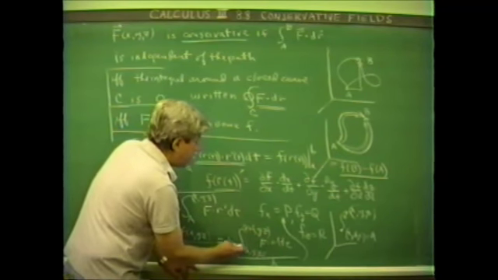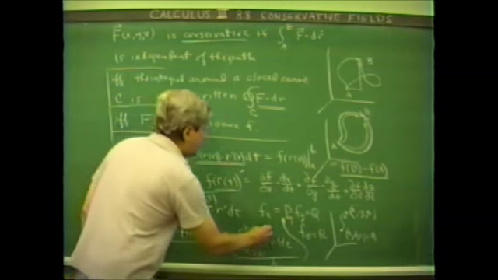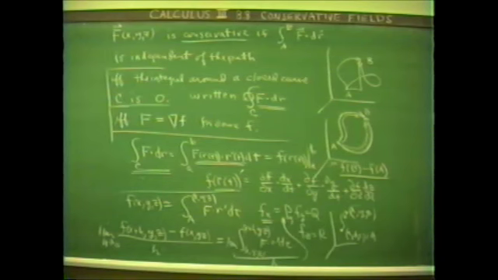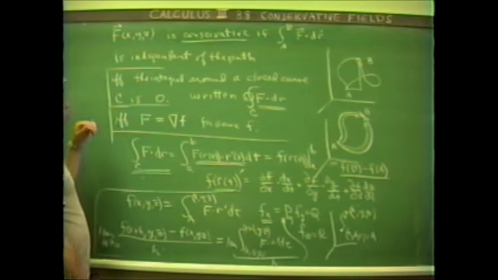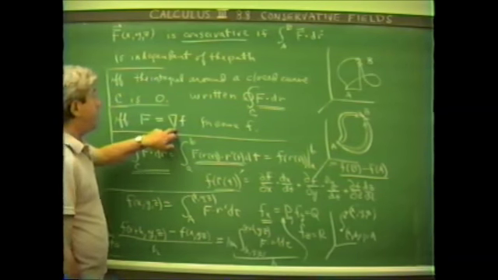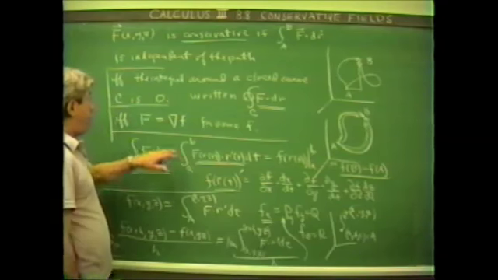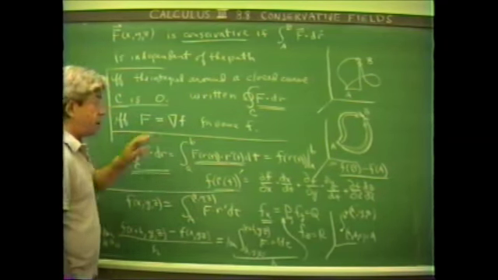Then differentiating, we get that the partial of f with respect to x is P. Okay, so that is a rough outline as to why, if F is a gradient, then the integral is independent of the path, and if the integral is independent of the path, then capital F is a gradient of some little f.